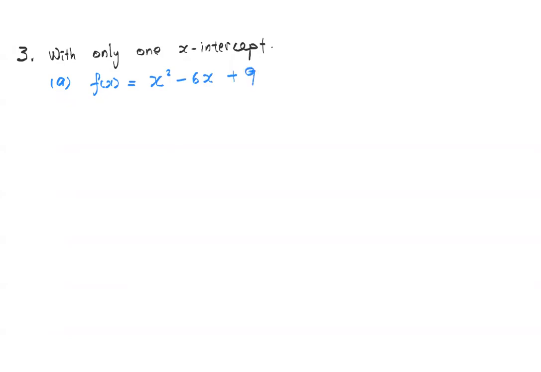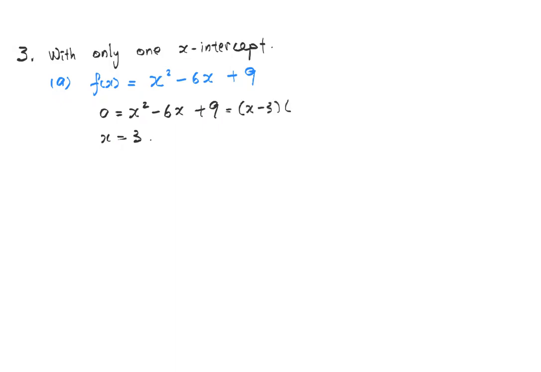Now you are allowed to use your scientific calculator to find your x-intercept. So x equal to 3. If you don't want, you can also factorize.